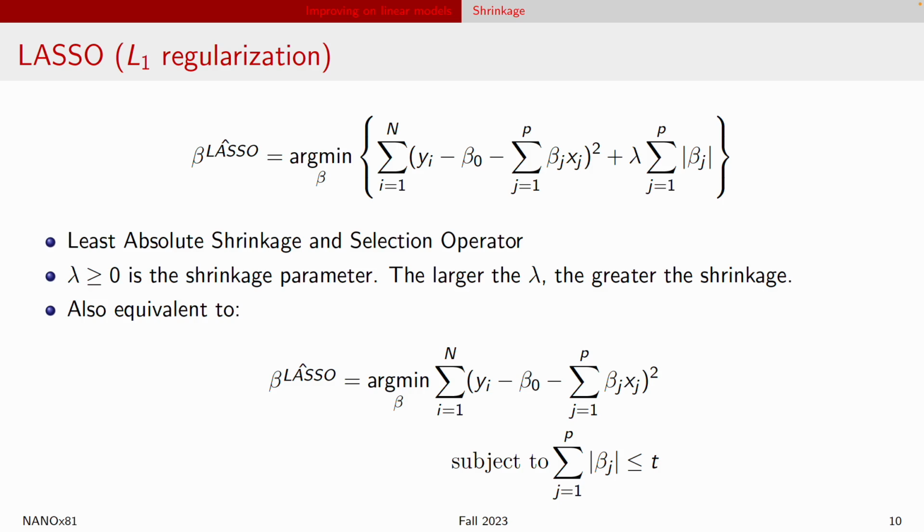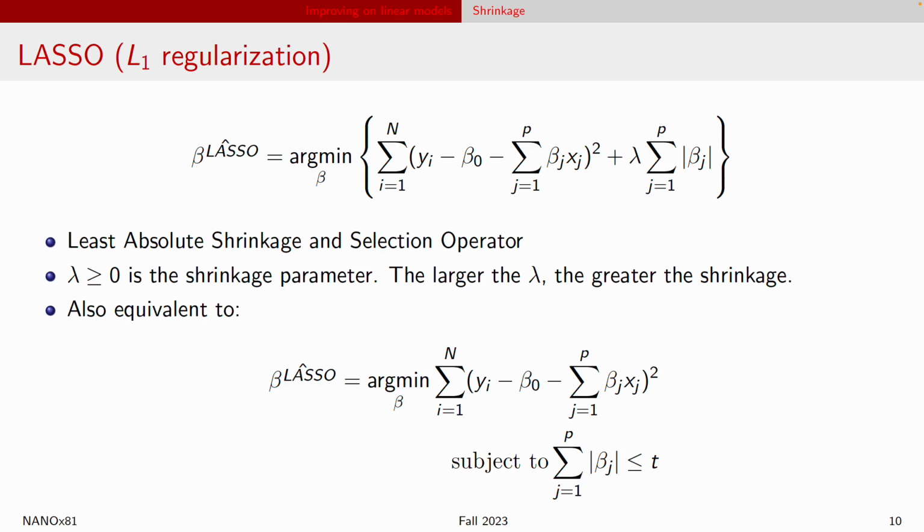Okay, now, the difference between lasso and ridge is basically just in the penalty term, okay? So your residual sum of squares is still the same, but instead of the square of your coefficients, you instead have the sum of the absolute values of your coefficients, okay?